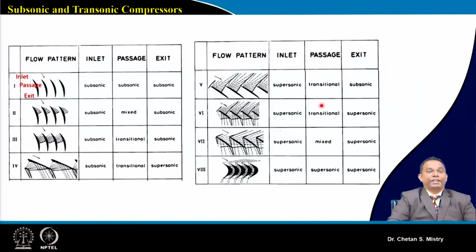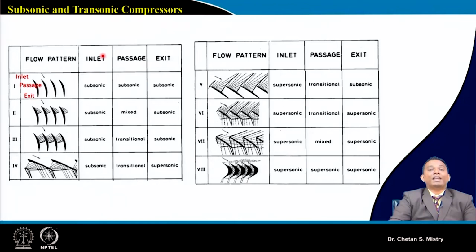Let's see. For subsonic as well as transonic compressors, we have different flow patterns. Here this is the inlet, this is the passage between two blades or two aerofoils, and this is the exit.